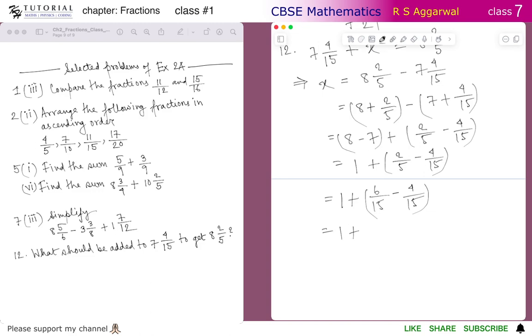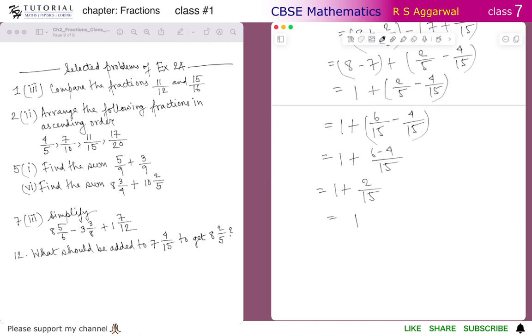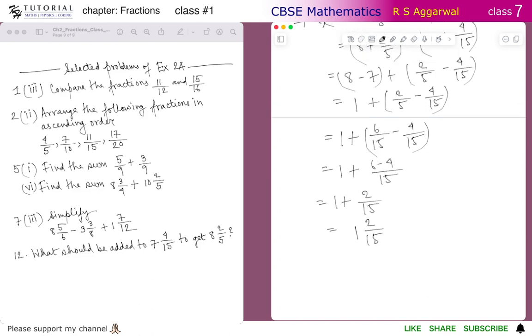This is 6 minus 4 upon 15. This is 1 plus 2 by 15, which equals basically the mixed fraction 1 and 2 by 15. So 1 and 2 by 15 must be added to 7 and 4 by 15 to get 8 and 2 by 5.